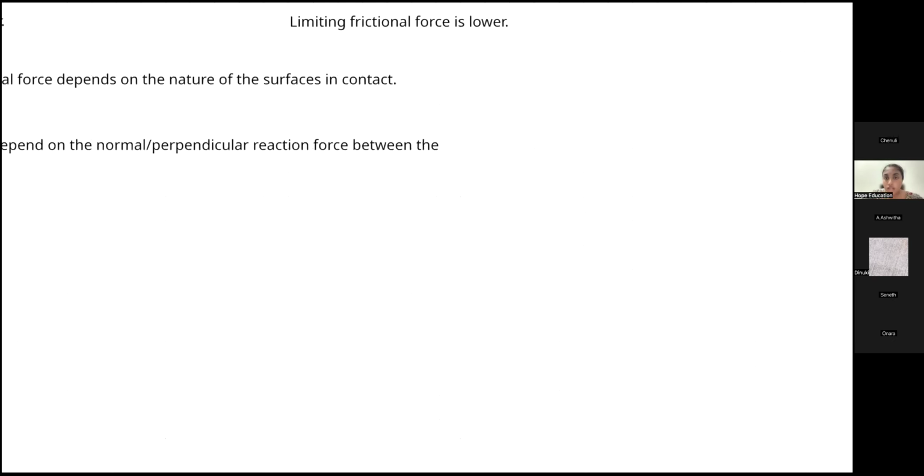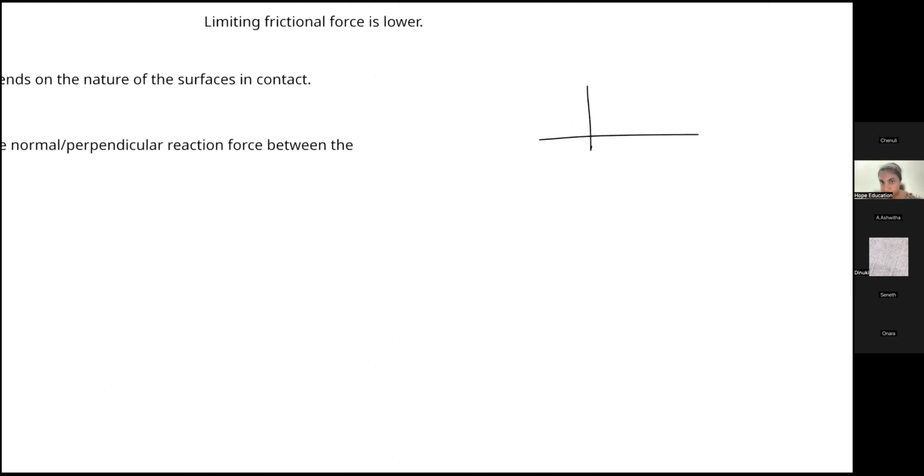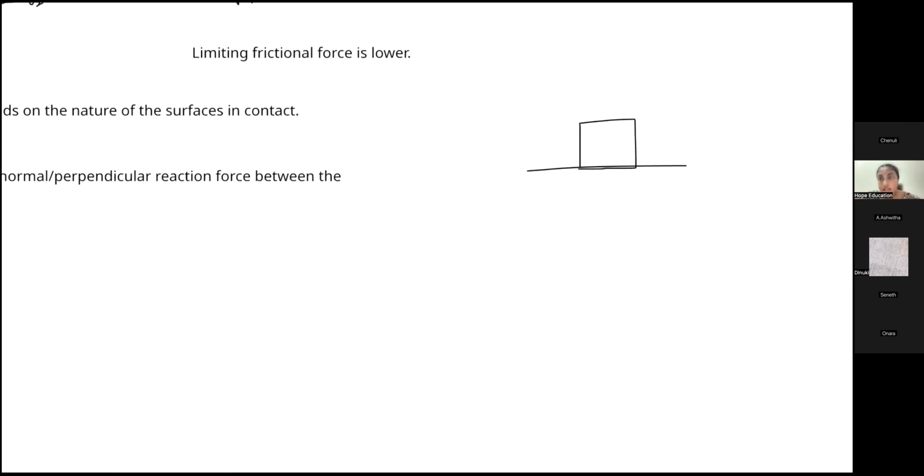Let's say there's an object on a surface, right? When an object is on some surface, that means there are two surfaces, ne. May surface ekai, object ke surface ekai, they are in contact with each other. Two surfaces in contact with each other. So friction is there. Let's completely forget about friction. When two surfaces are in contact with each other, these surfaces exert each other a perpendicular force, right?